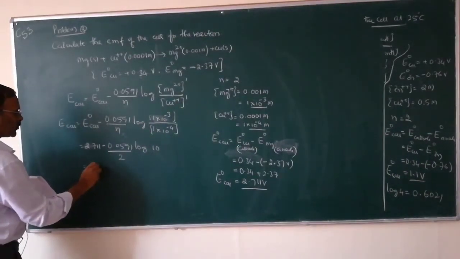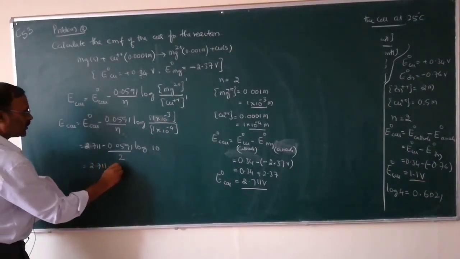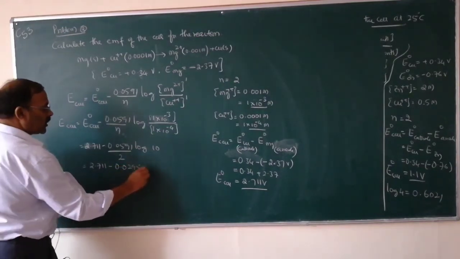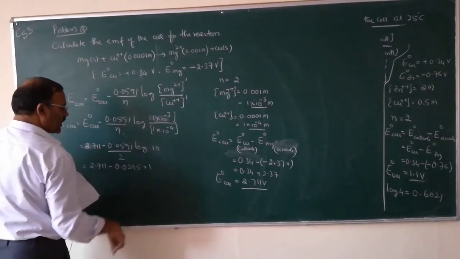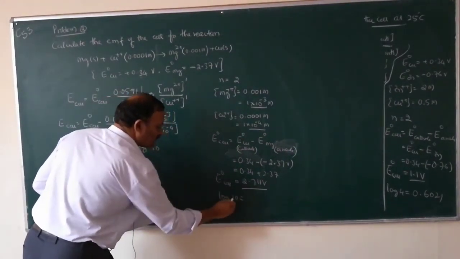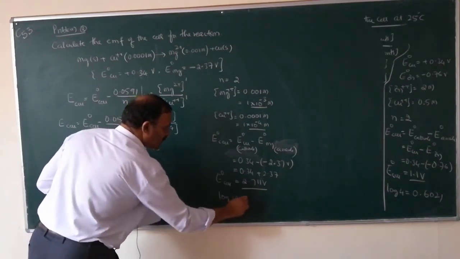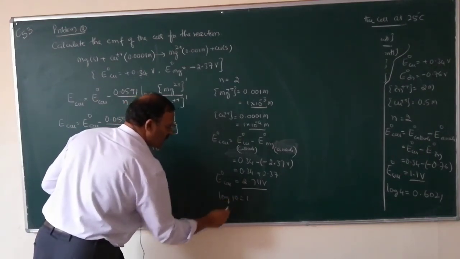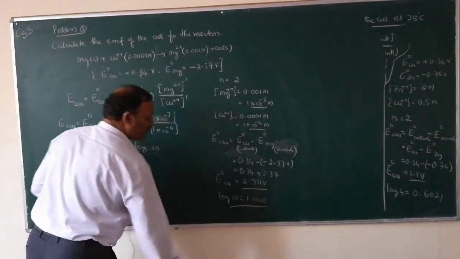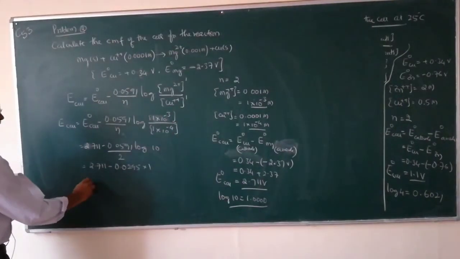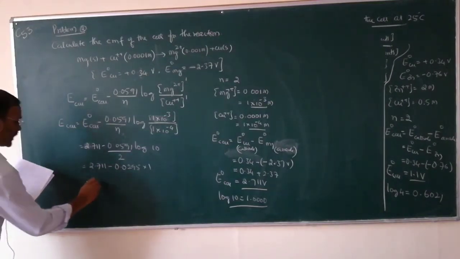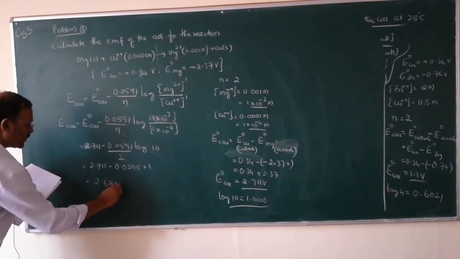So this is 2.711 minus 0.0295, logarithm of 10 equals 1. The answer is 2.68 volts.